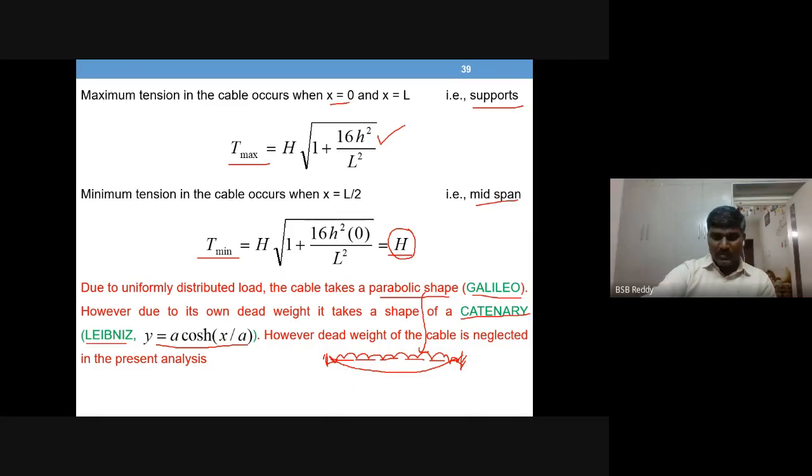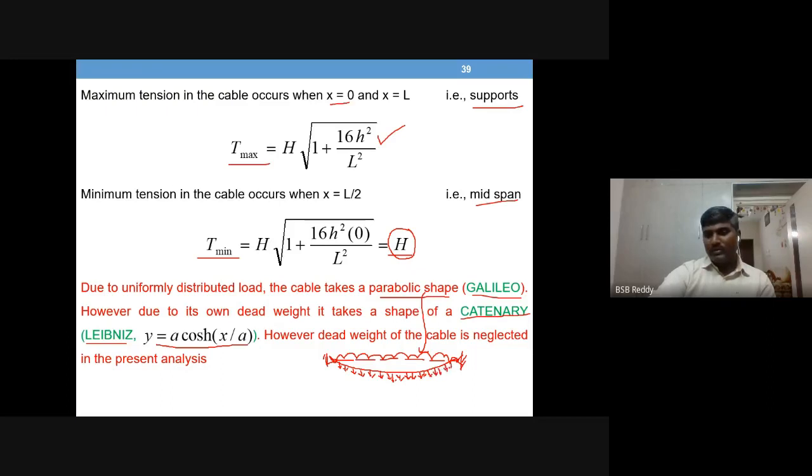Whereas if you consider the self weight of the cable, that will act along the cable, not along the span, not along this horizontal line. This will act along this curved line. So that's why the deflected shape of the cable under its own weight is not a parabola.